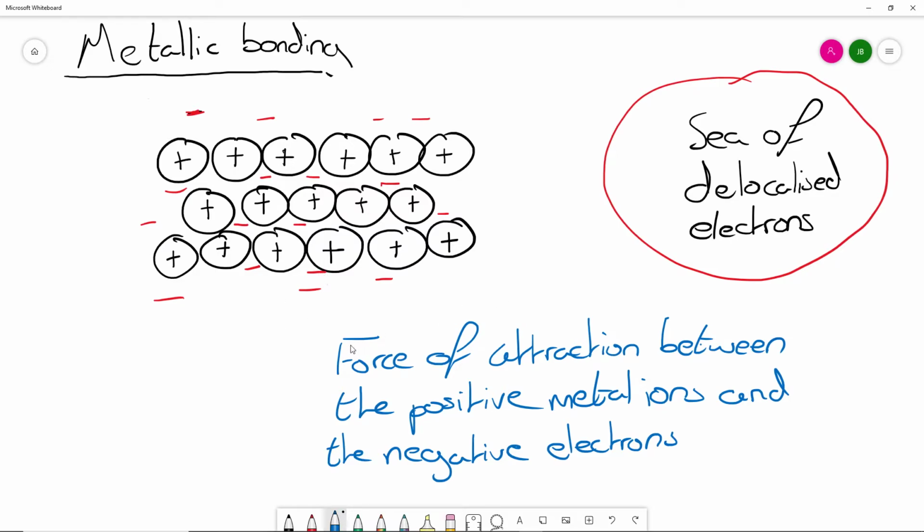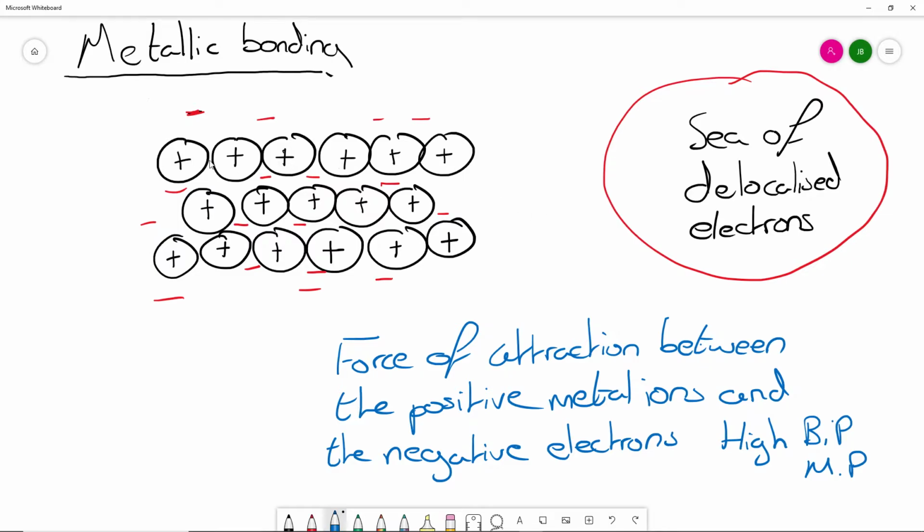And you haven't just got one, you've got a lot of metallic bonding in there, because you've got a lot of electrons floating about and you've got a lot of positive metal ions. So it makes a very strong bond. That's what leads to its high boiling point and melting point, because you've got a lot of them.